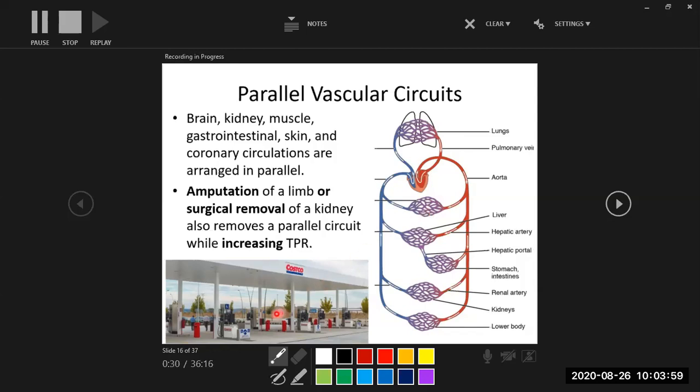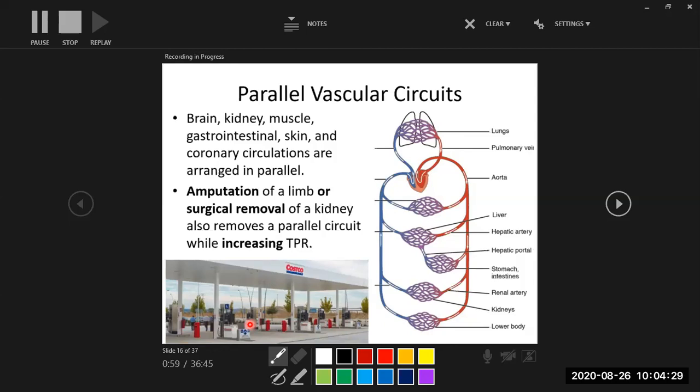So the idea is that, say, this is a Costco gas station, and you have a line here. Say these are blood vessels connected in parallel to each other. If one pump is broken, then you have to remove one lane. You have the last lane here.